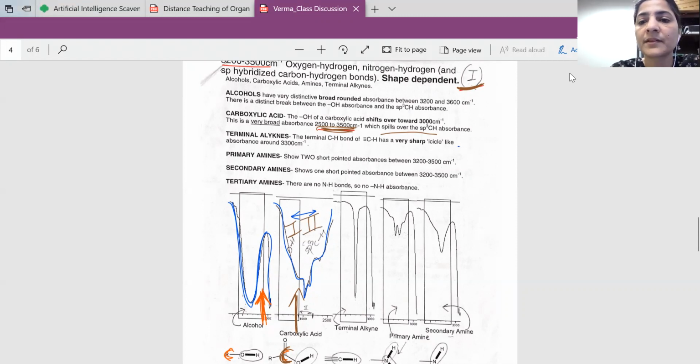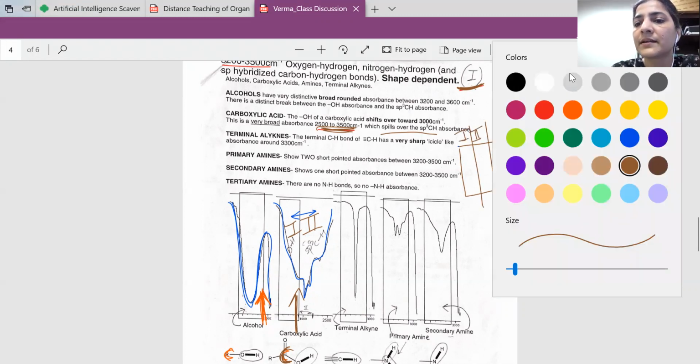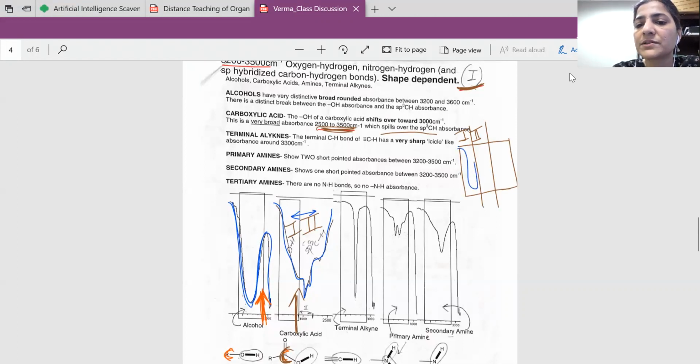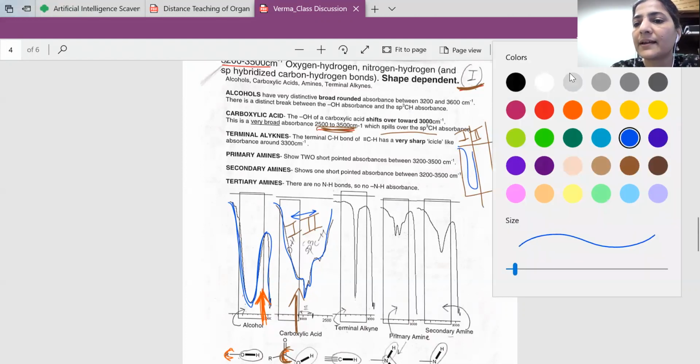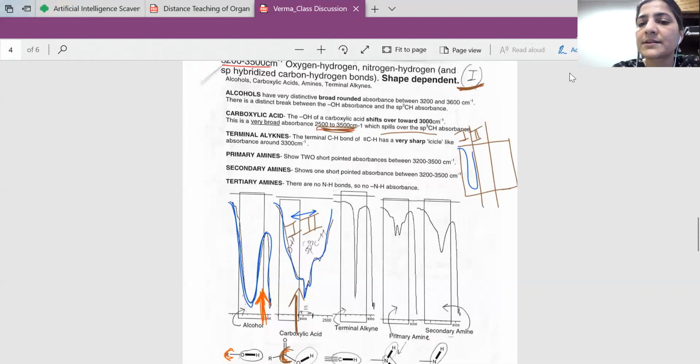So if you look at the IR spectra of an alcohol, this is region 1, this is region 2, we will see that the OH appears and our sp3 CH2 peaks appear as two separate peaks.